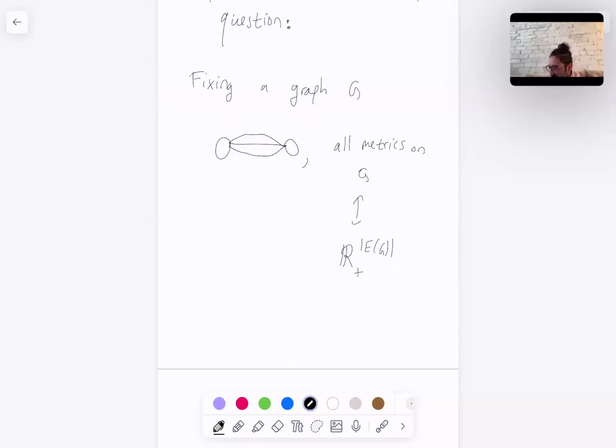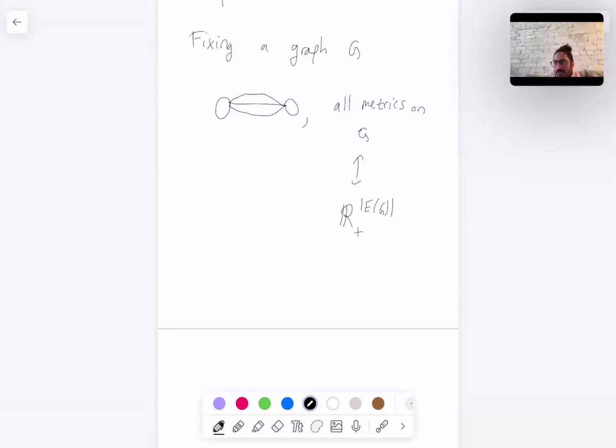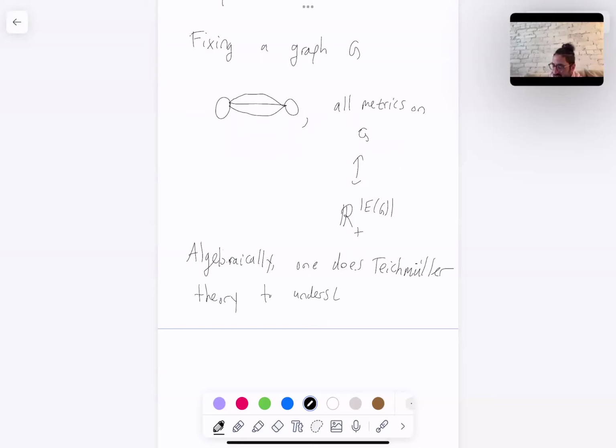Okay. So this is not a very interesting identification. It's sort of obvious, right? But one of the reasons for studying hyperbolic geometry, I'll just say it like this, algebraically, one does Teichmuller theory to understand the mapping class group of a surface.